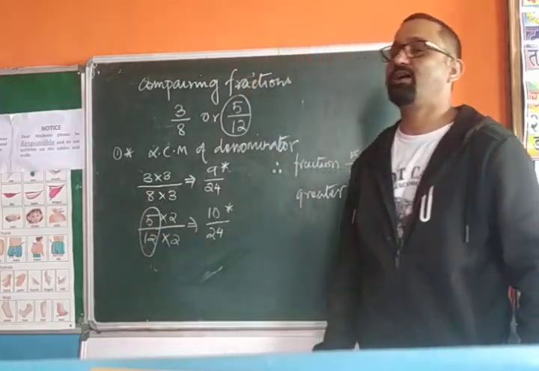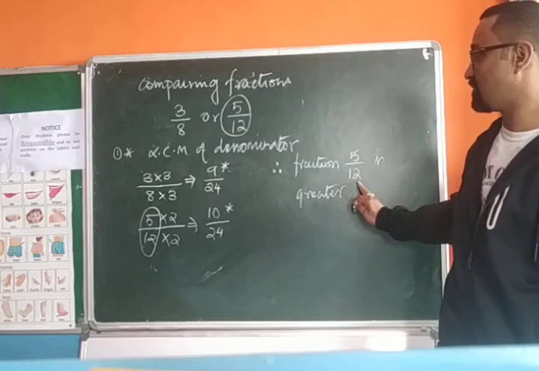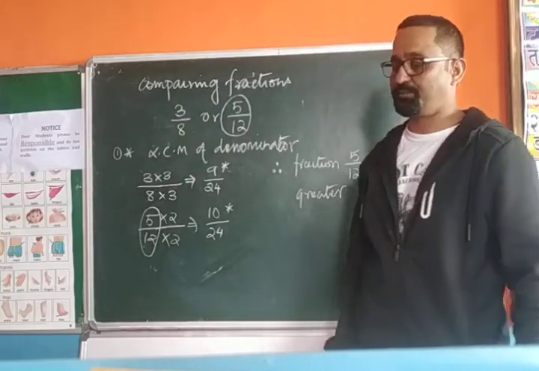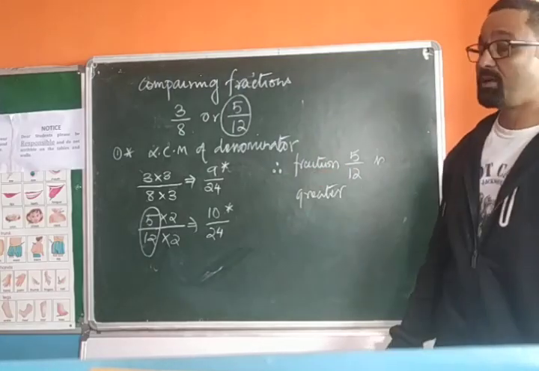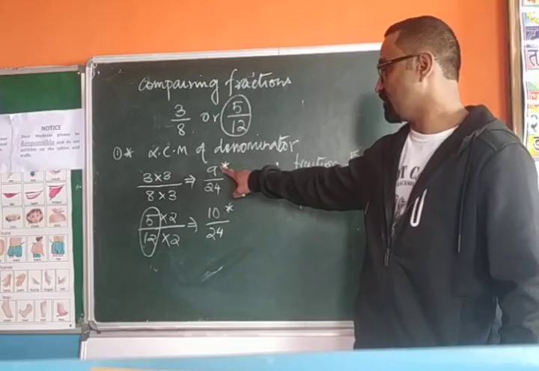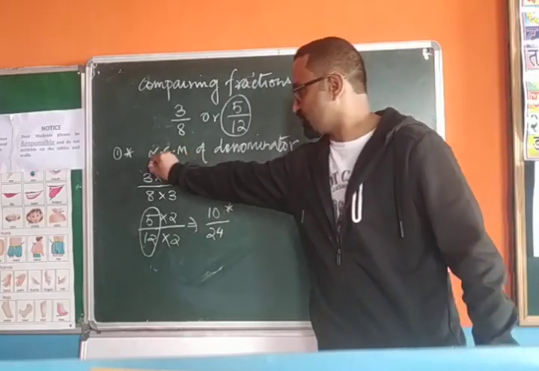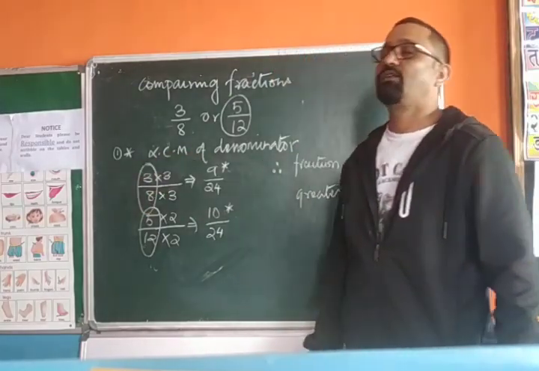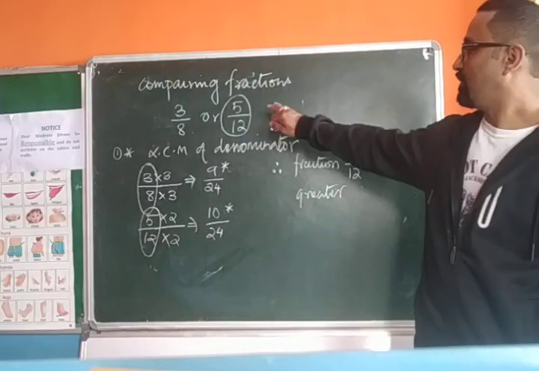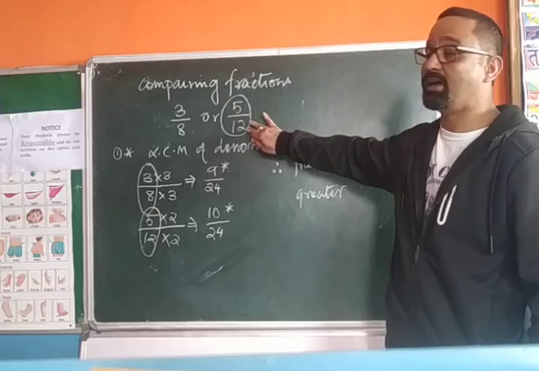It is 5 by 12 is greater than 3 by 8. You may be asked to write which one is smaller. 9 is smaller than 10, so 3 by 8 is the smaller fraction. Its value is smaller in comparison to 5 by 12.